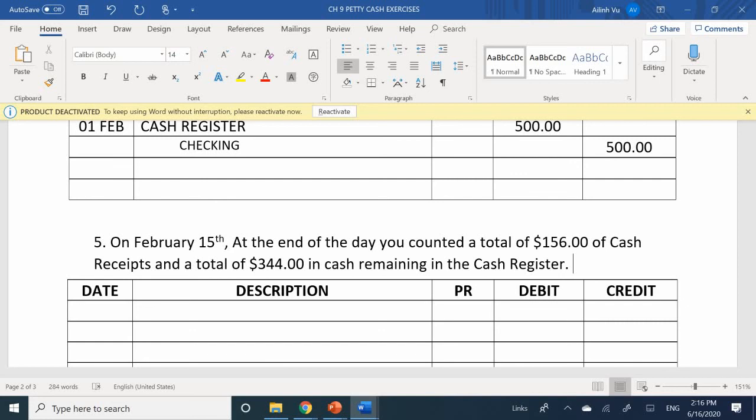Now we need to understand how to reimburse it. If you have $344 in cash, how are you going to reimburse your petty cash fund? Or I'm sorry, your cash register.